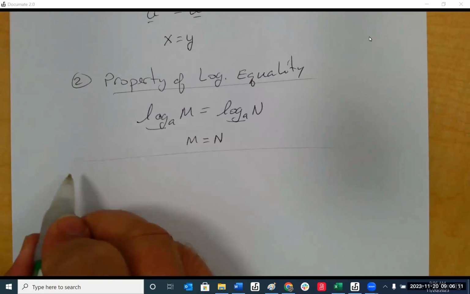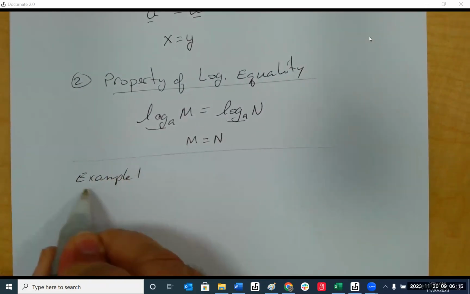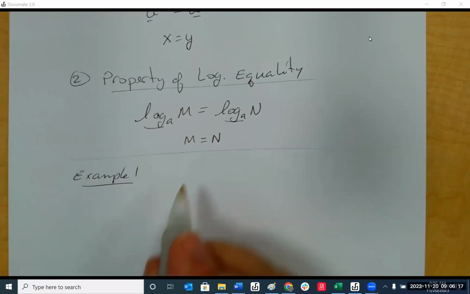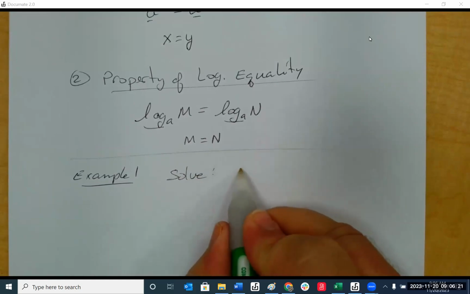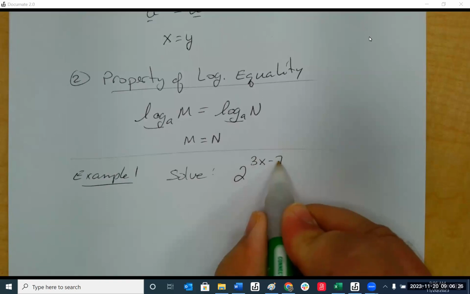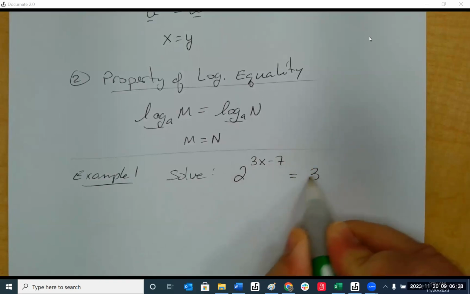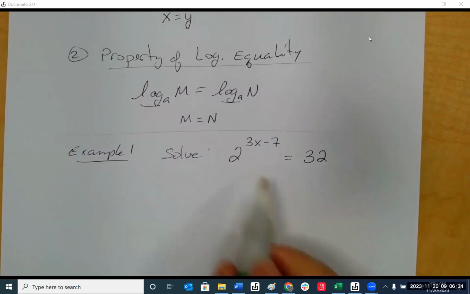All right, let's look at these examples. Example 1. Solve 2 to the power 3x minus 7 equals 32. The first thing you want to do is try to get the bases to be the same if possible.